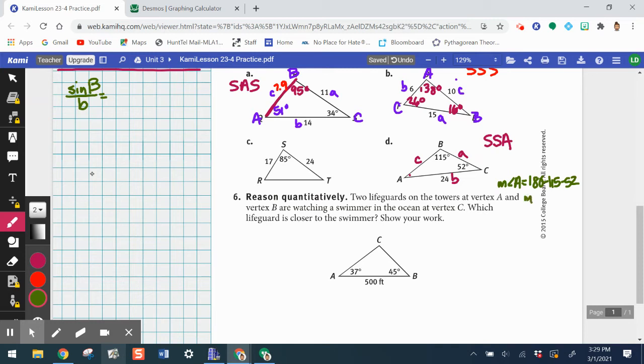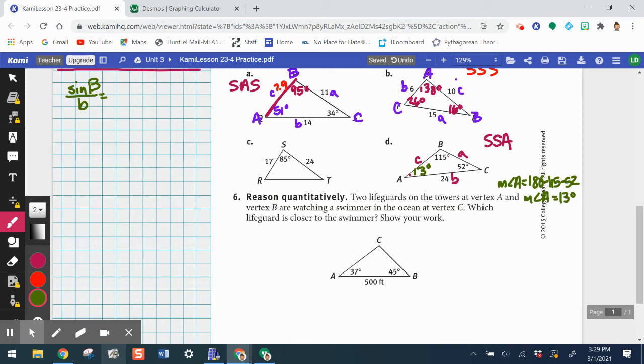And we get the measure of angle A is 13 degrees. So now, truthfully, at this point, there are other options we could take because now we have angle side angle, and so that opens the door potentially for another route. But we'll continue with the law of sines here.